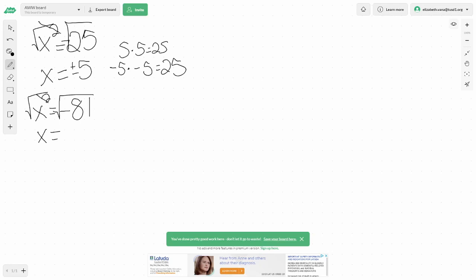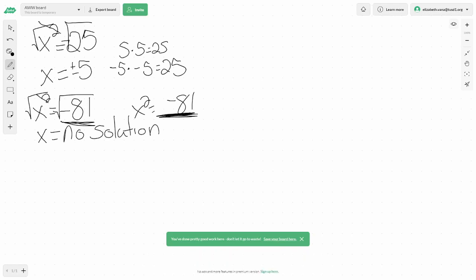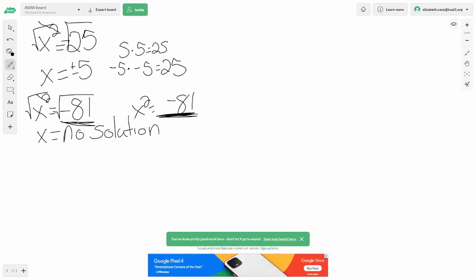A positive 5 times a positive 5 is 25, and a negative 5 times a negative 5 is 25, so they each end up with a positive number. So there is no solution here. That is why you can only use this when this is positive and real, and this is not positive. So there is no solution to this.